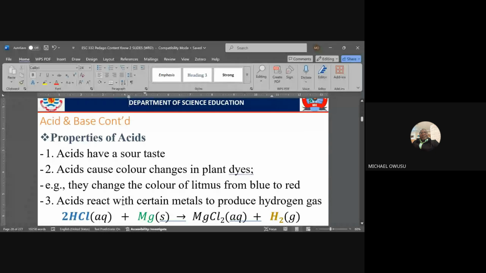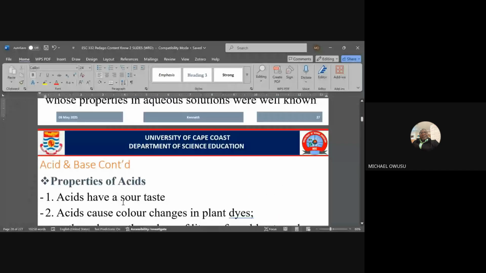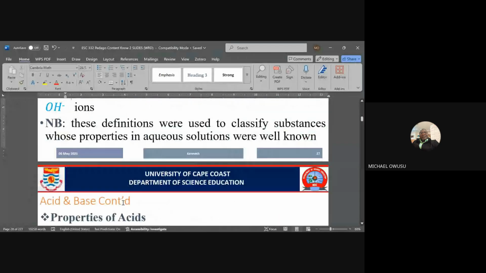Properties of acids. Let's go back to our secondary school days and mention some of them. Doc: acids turn wet blue litmus paper red. Okay, wet or moist blue litmus paper red.